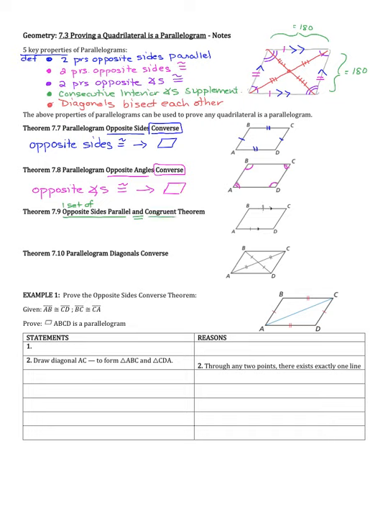Notice here we don't know anything about those other 2 sides, but BC is congruent to AD, BC is parallel to AD, we can conclude it is a parallelogram. So when you have one set of opposite sides parallel and congruent, then you know you have a parallelogram.